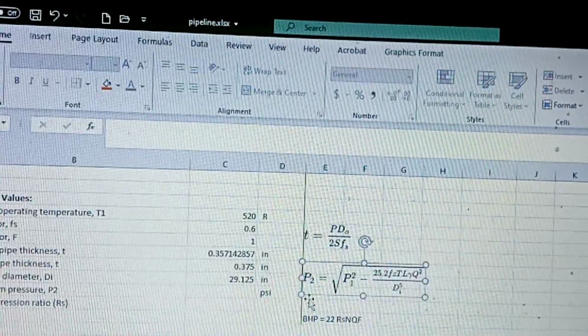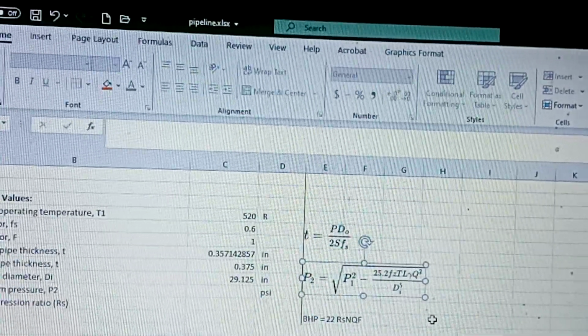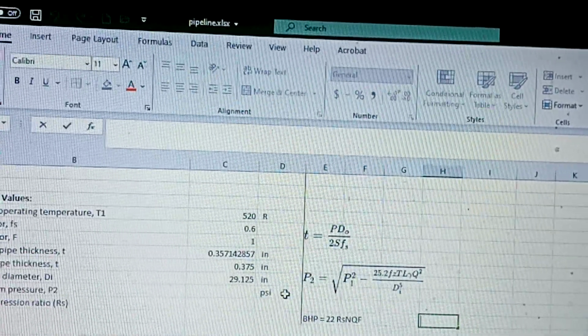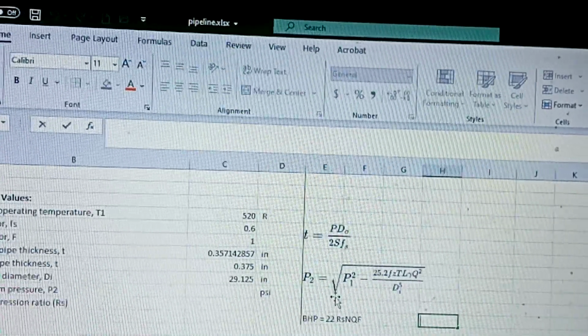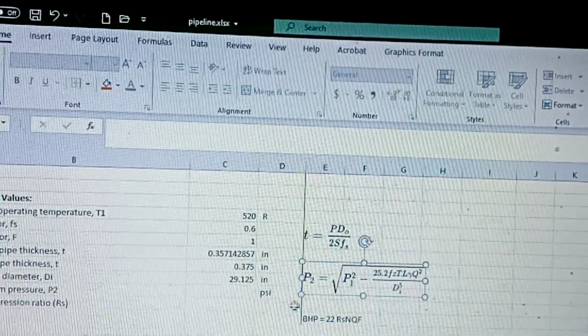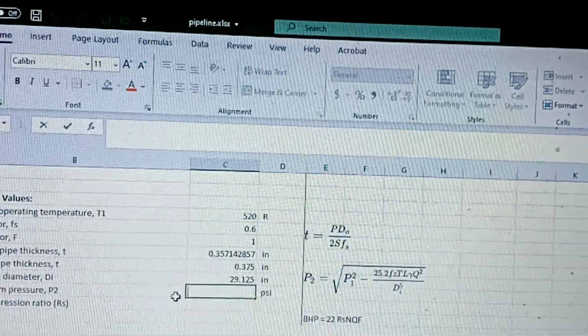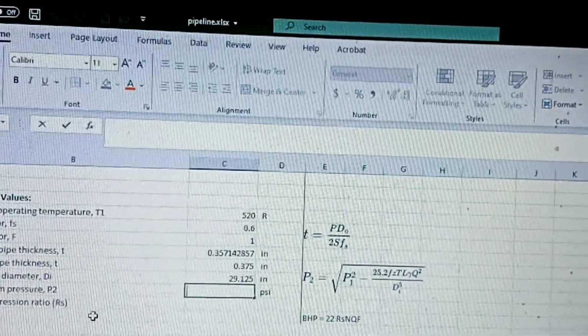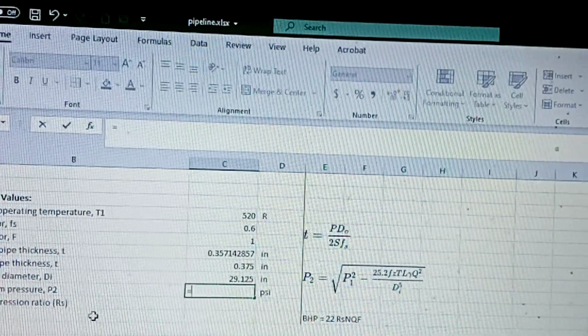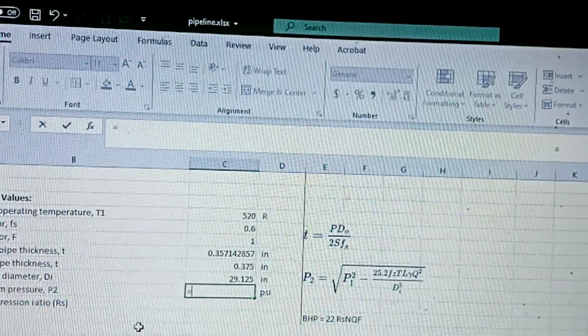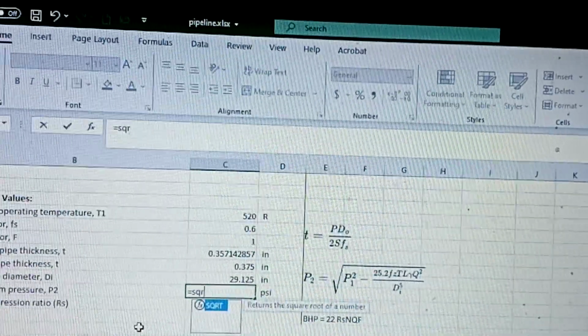to calculate the pressure at the end of the station after 58 miles. So now that's the pressure there. That's what I want to put here, downstream pressure. So let's put that in the Excel. Equals square root, SQRT.